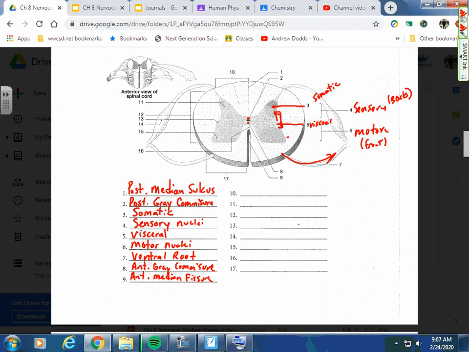So that's a bit of a larger gap there. And number 10 is going to be the posterior white column. Number 11 is going to be posterior gray horn. Number 12 is lateral white column. 13 is lateral gray horn.